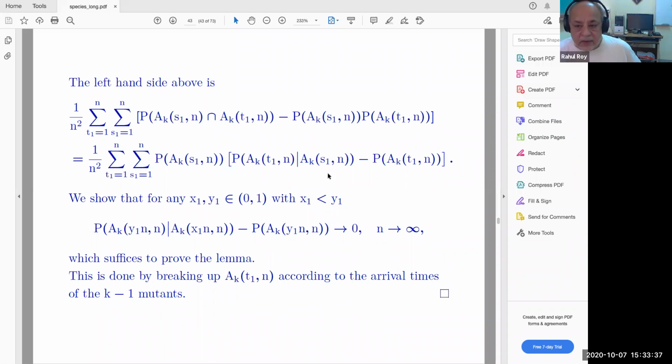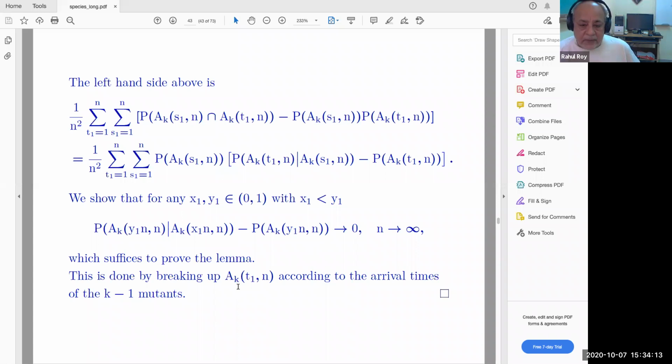We can write this out by conditioning, and the first thing to do is to study the quantity in the square parentheses. We show that for any x1, y1 in (0,1), with x1 less than y1, the conditional probability of A_k(y1 n, n) given A_k(x1 n, n), minus this quantity, goes to 0 as n goes to infinity.